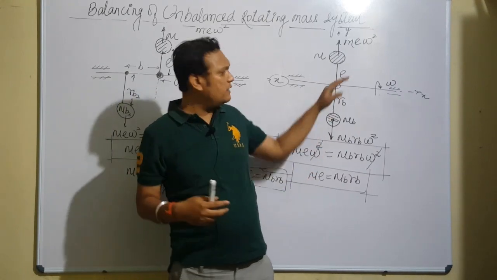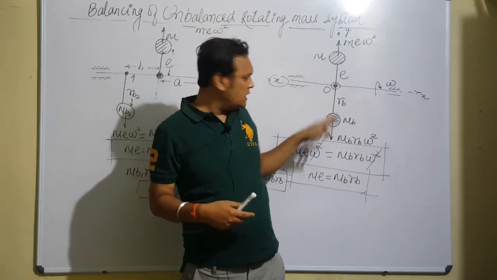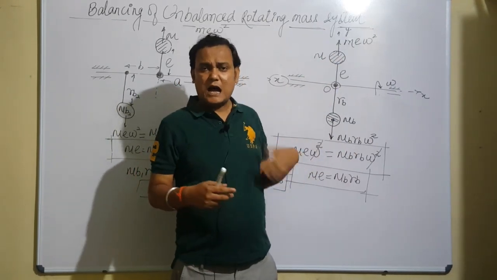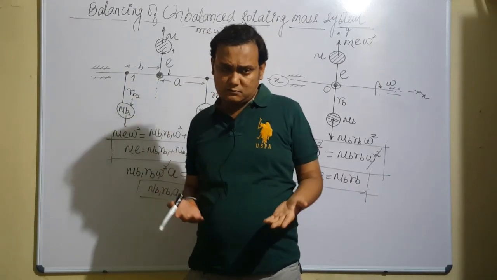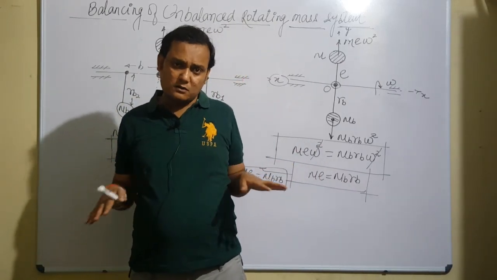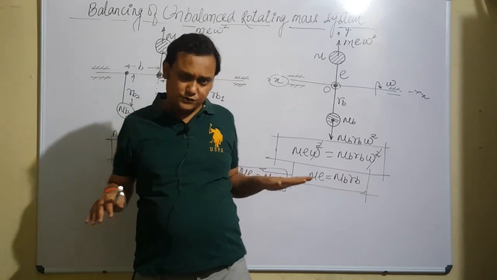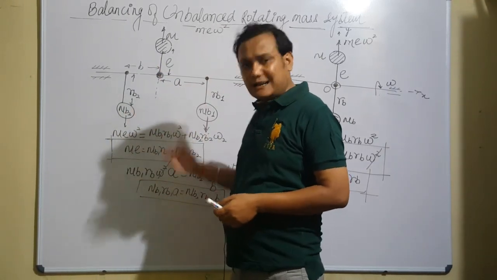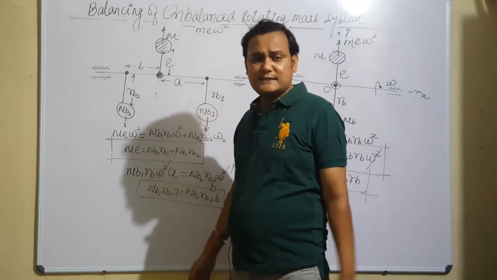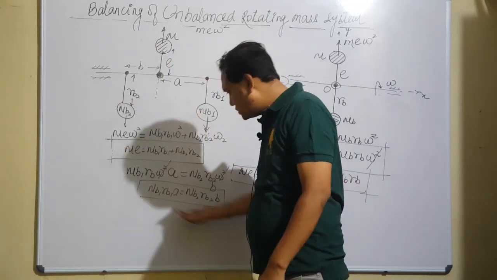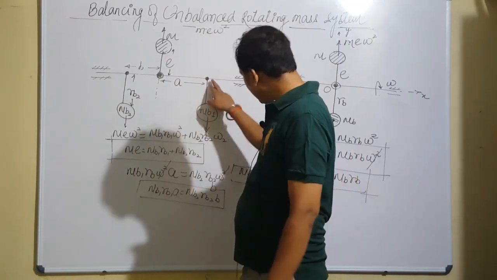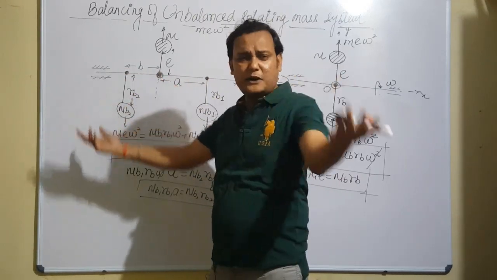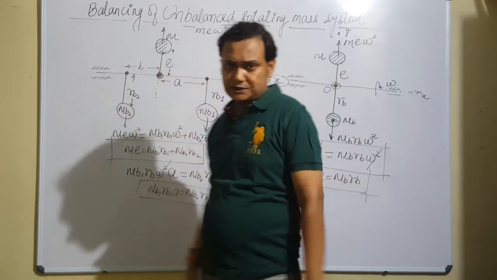And when the system rotates, these centrifugal forces are just equal and opposite, so they are not going to give you any moment. The system is dynamically balanced. Here also the system is dynamically balanced because we are ensuring that the net moment about any point on the system must be 0 by ensuring this condition. Any point you choose, and you will get the second condition.